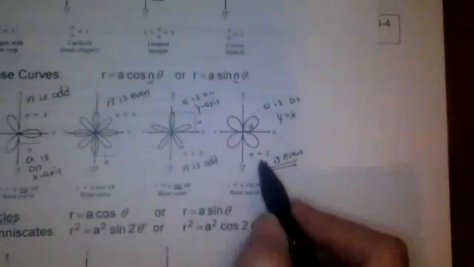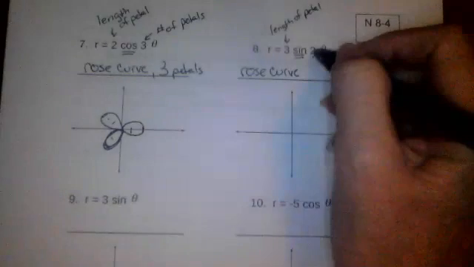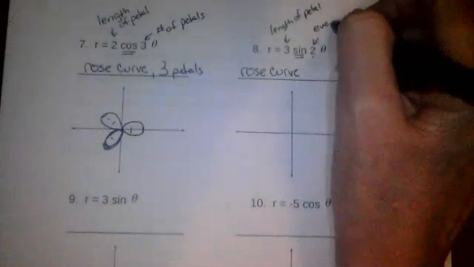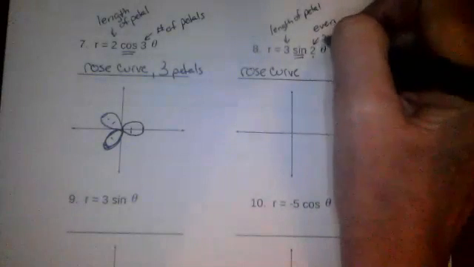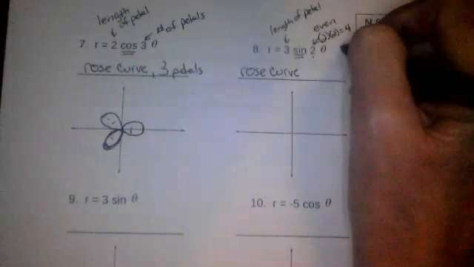Because in this example it was 2, there were 4 petals. So whatever this is, if it's an even number, then we're going to double that number. In our case, doubling 2, we get 4 petals.